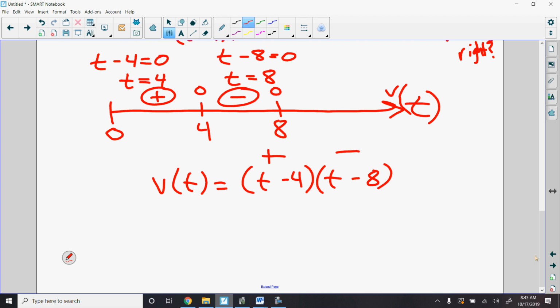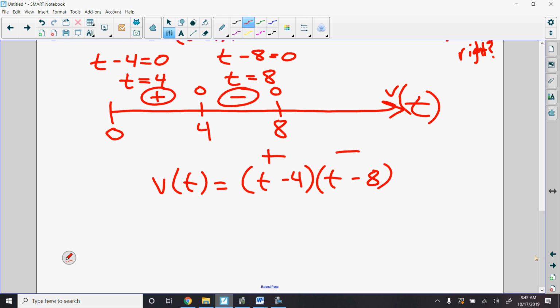Now, since my domain was just t greater than or equal to 0, I don't have any right boundary on my next region, but I know my left boundary is 8. So I just need to pick a number bigger than 8. I like to pick 10. My favorite numbers are 0, 1, 5, and 10 because they're easy to plug in to test.